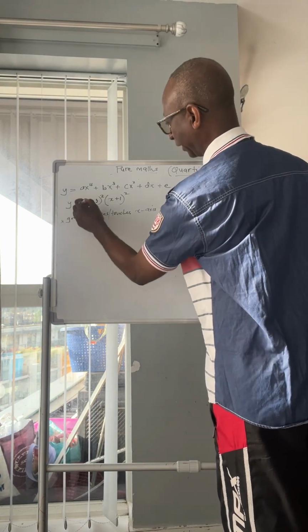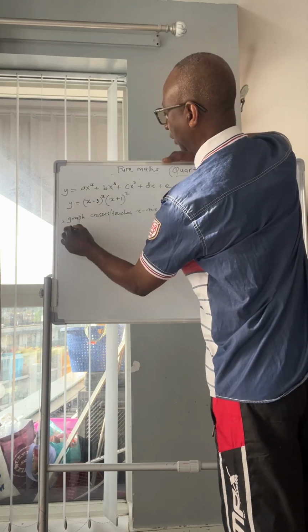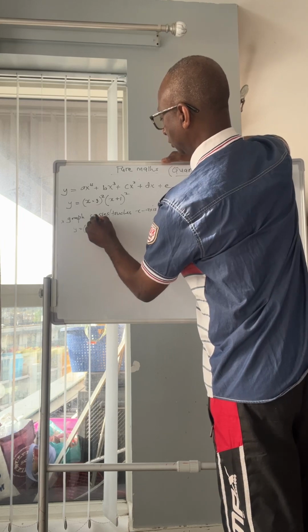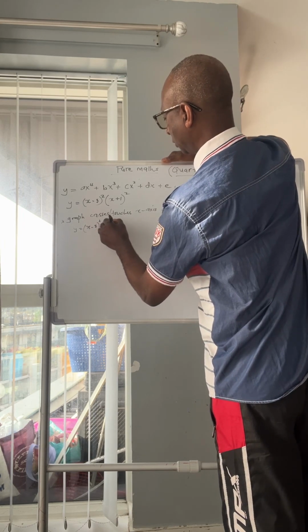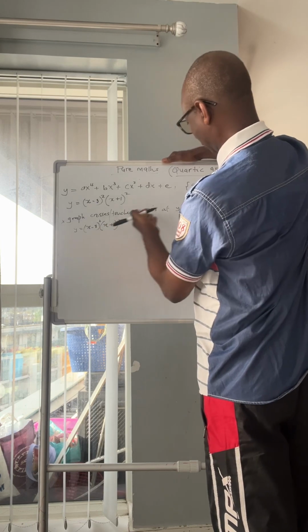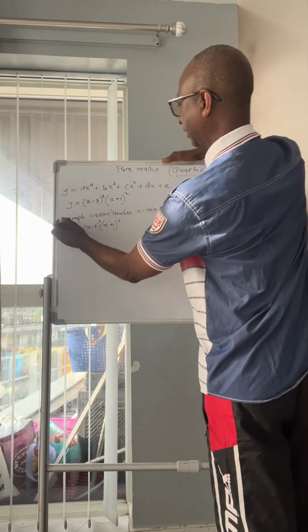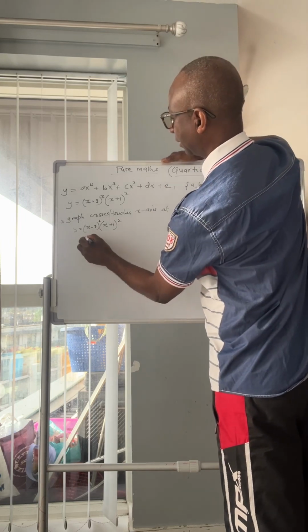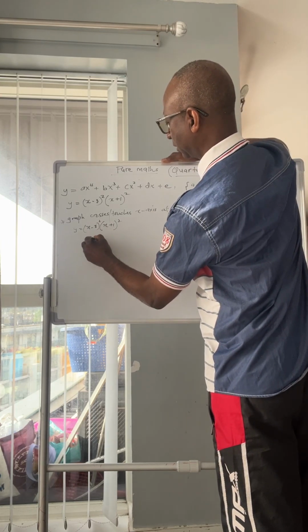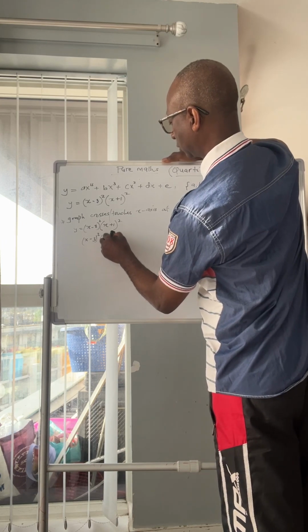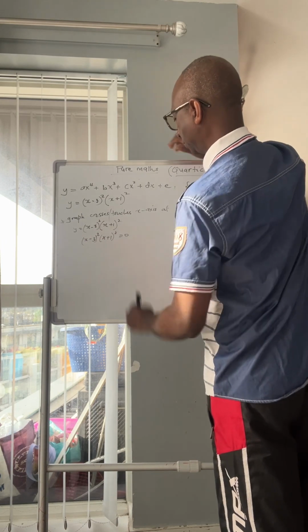From this equation, y equals x minus 3 to the power of 2, x plus 1 to the power of 2. If we now say y equals 0, so that we can satisfy this condition, then x minus 3 to the power of 2 and x plus 1 to the power of 2 are all equal to 0.